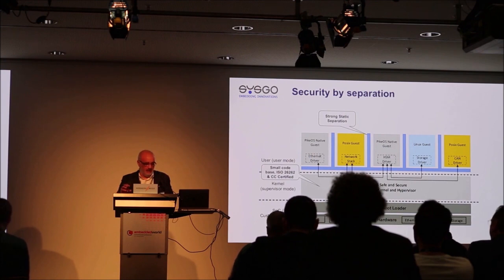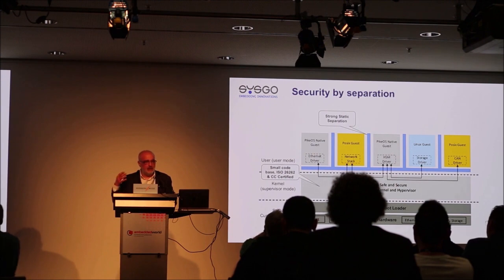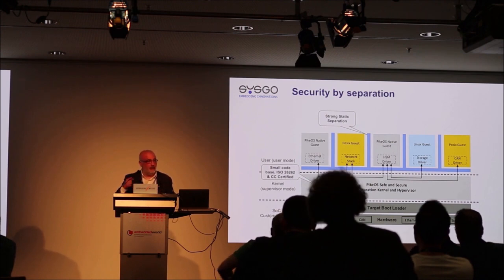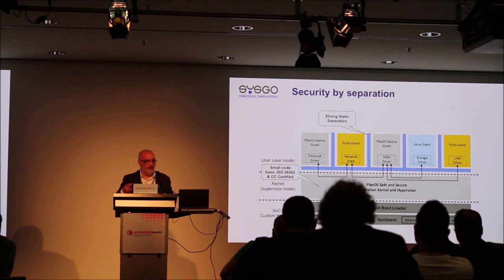The second thing is we want to be able to run some certification processes. As mentioned in the previous presentation, the smaller the code base is, the better it is in terms of certification. Not only in terms of effort related to certification, but in terms of being able to do a certification.